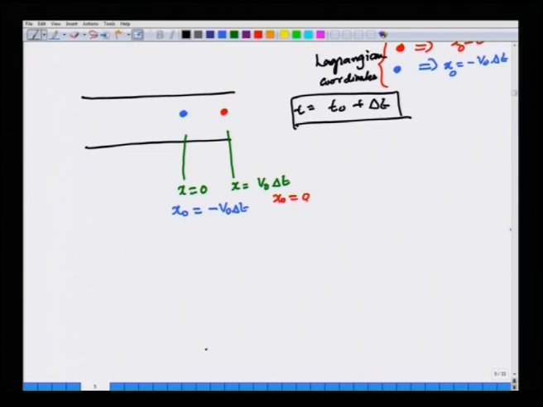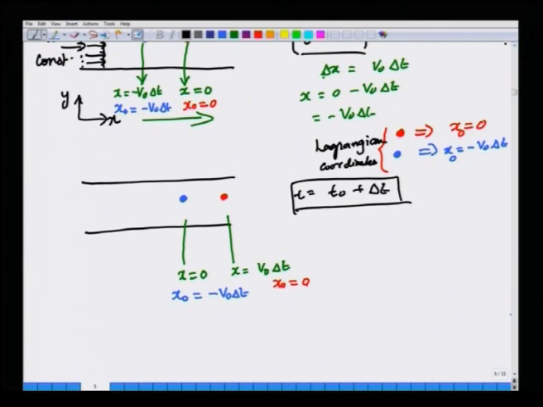Now, let us say we are measuring temperature at this point x equal to 0. We are measuring temperature by putting a thermometer at x equal to 0.